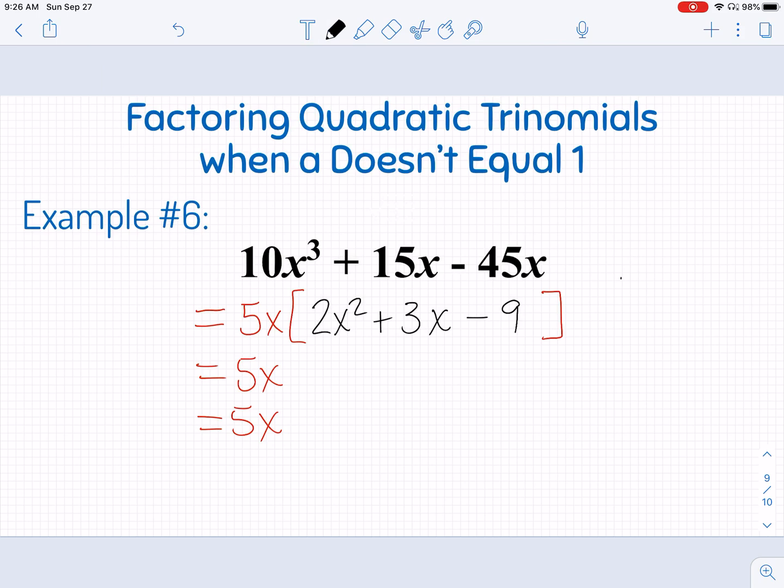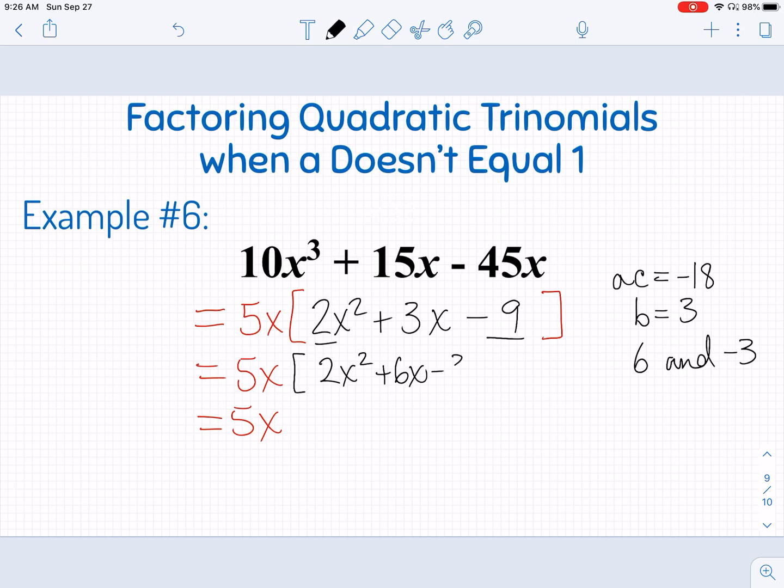So we're going to look for factors of A times C. Oops, got the C in my AC. Factors of AC with the sum of B. So 6 and -3. And then I'm just going to say, okay, 2x squared plus 6x minus 3x minus 9. GCF between 2x squared and 6x is 2x.